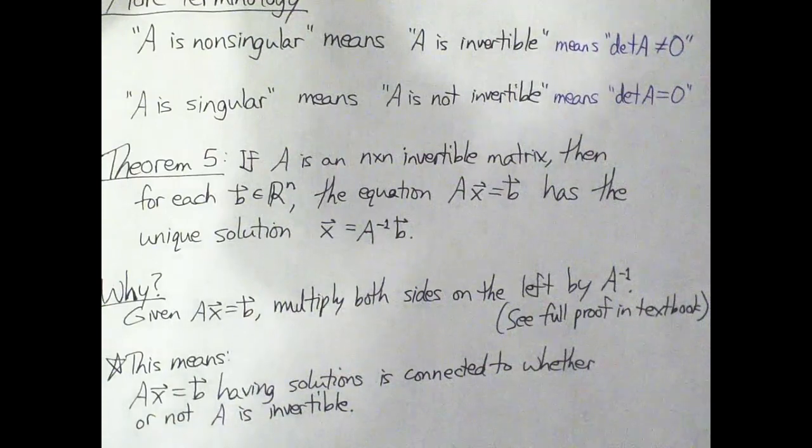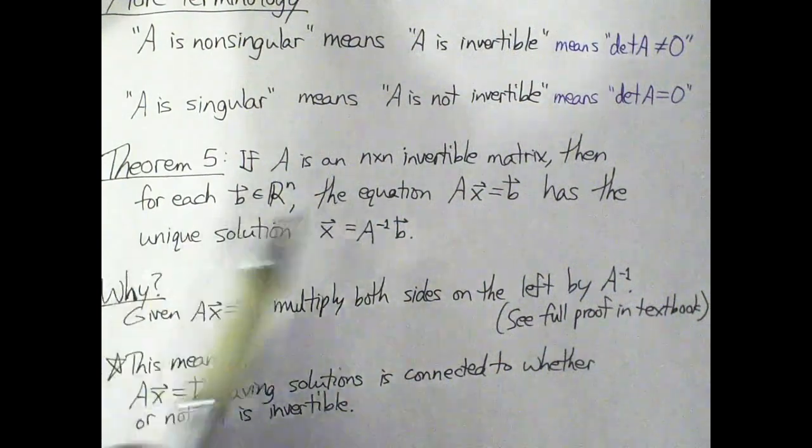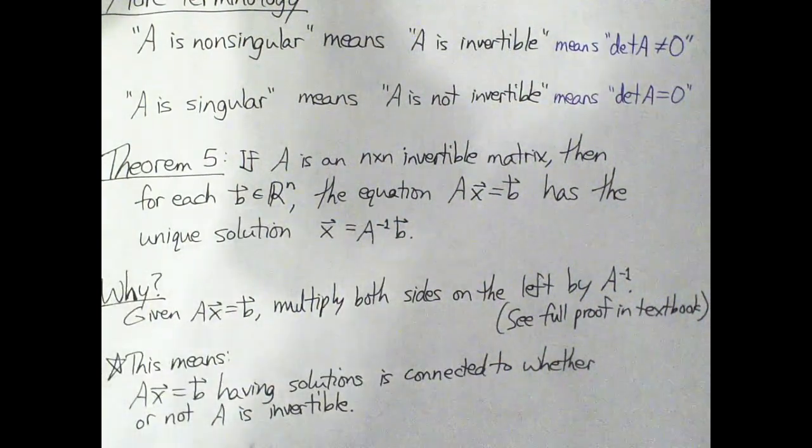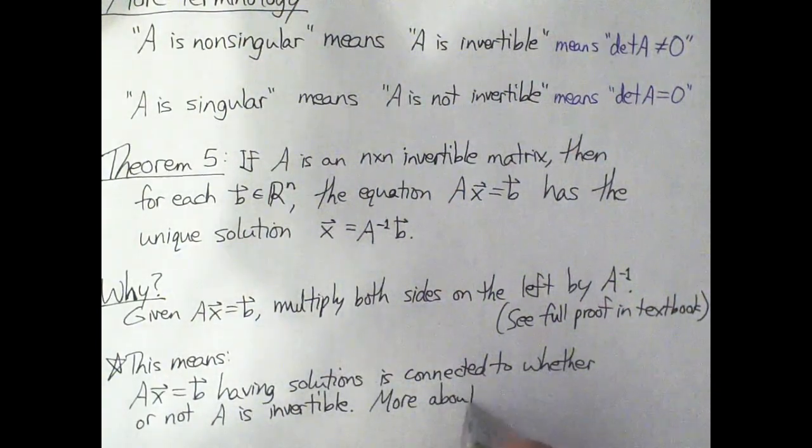We've seen that in Theorem 5. It says if the matrix is invertible, then for every B, the equation has a unique solution. But maybe there are going to be some other theorems that tell us about a connection between a system having a solution and a matrix being invertible. I'm just going to say more about this soon.